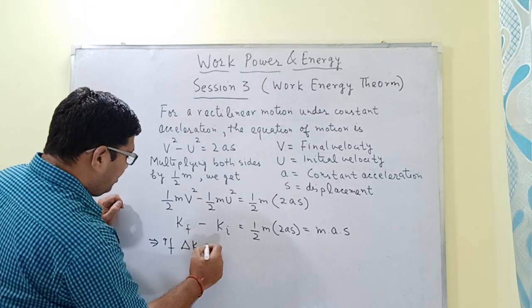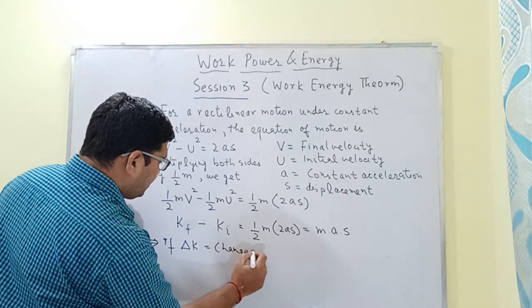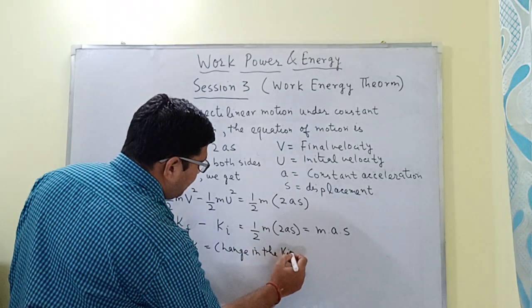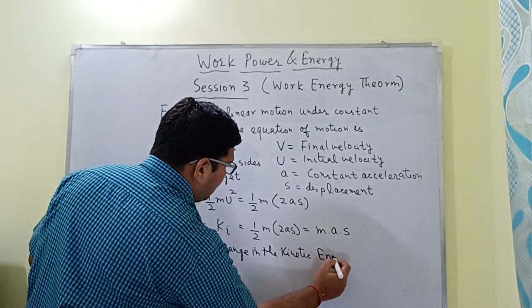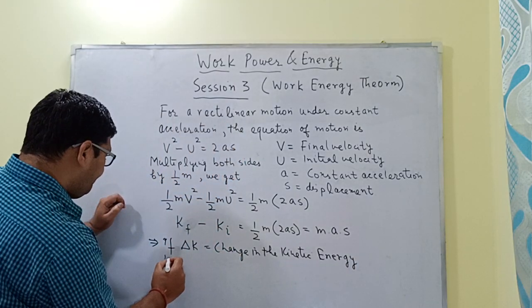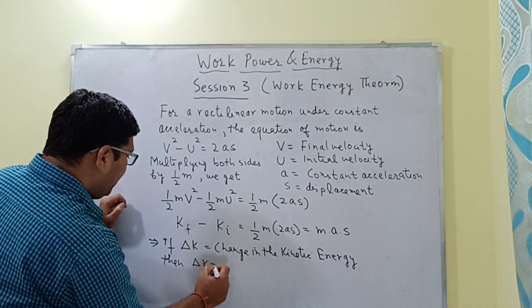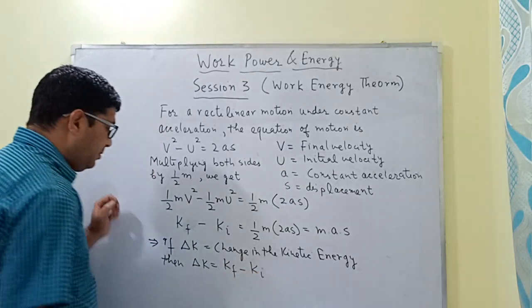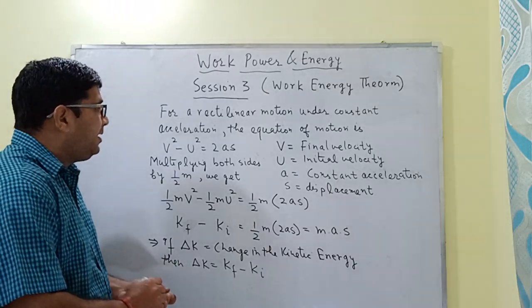If delta k is the change in kinetic energy, then delta k will be equal to kf minus ki. ठीक है? So this is the change in the kinetic energy.